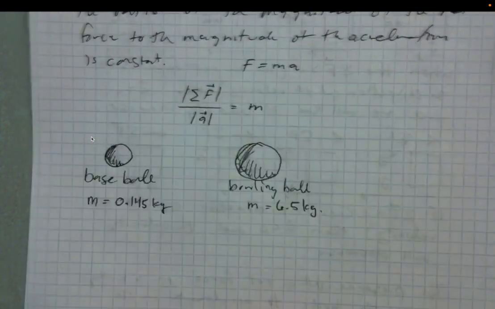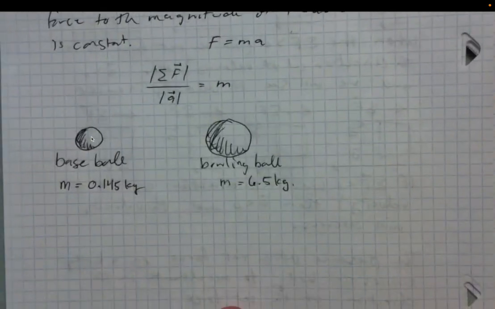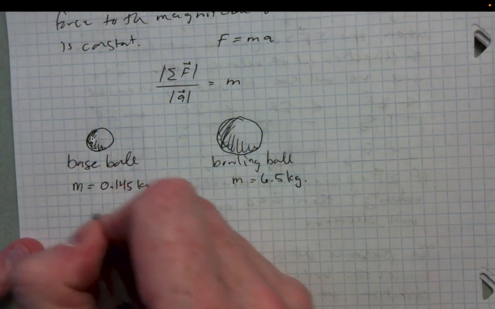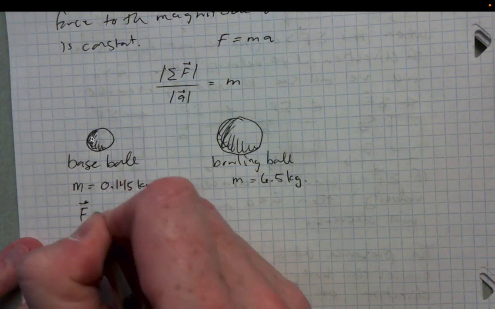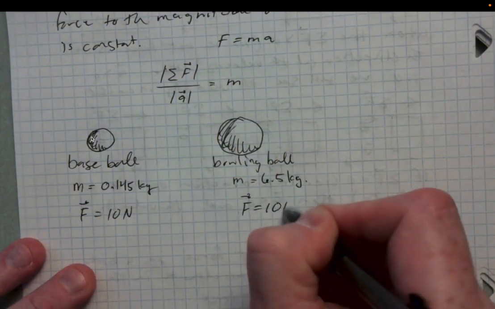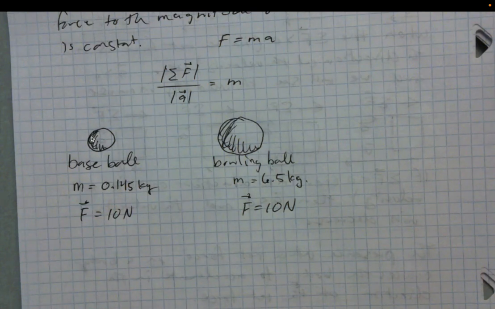Now it would be possible to set up some kind of apparatus whereby I apply an equal force to each of these balls. Maybe I consider the force to be 10 newtons on each.